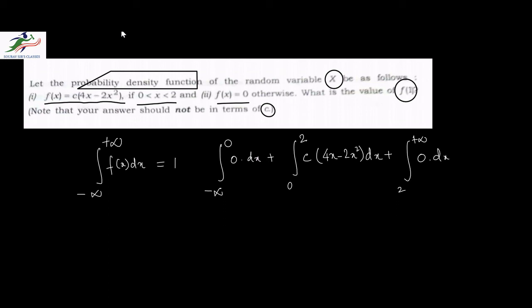We can clearly see that the first term will be 0 and the third term will be 0. So we are left with the second term only.